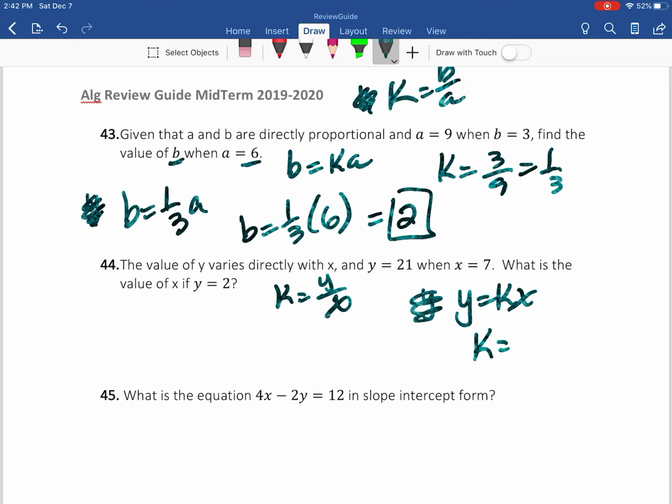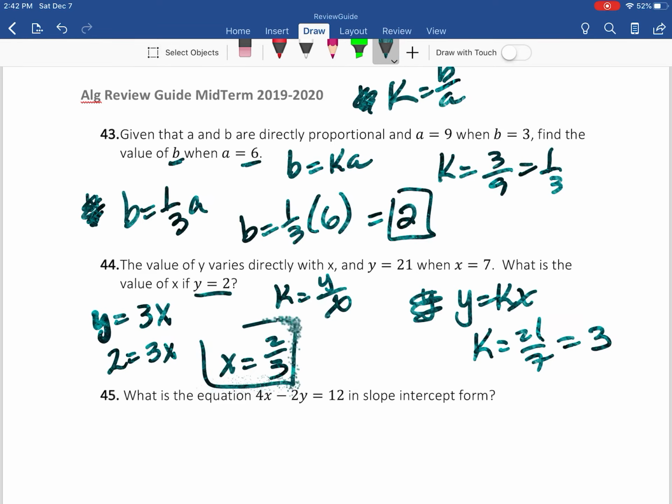So we know in order for us to find K, that's going to be 21 divided by 7, which gives us 3. Okay, so my formula is going to be Y is equal to 3X. Okay, then I'm going to say if Y is 2, so that means I'm going to plug in 2 for y. So then x is going to be equal to 2/3.